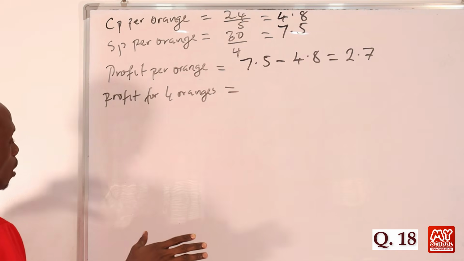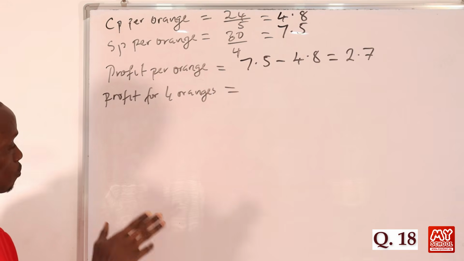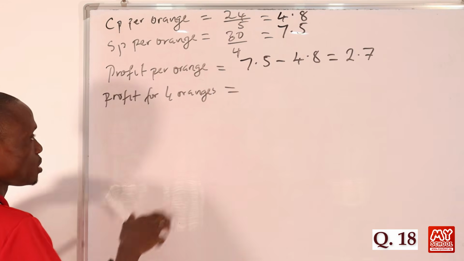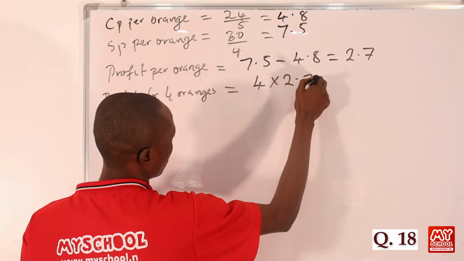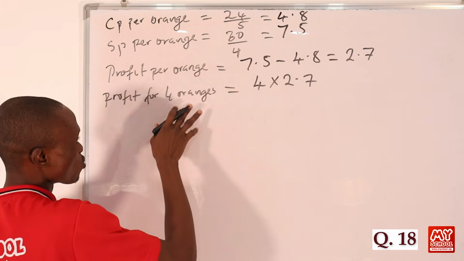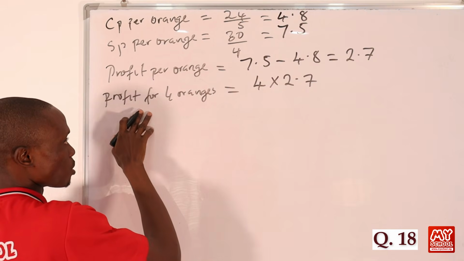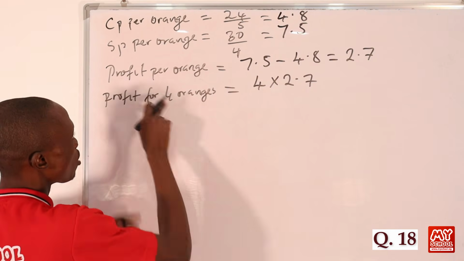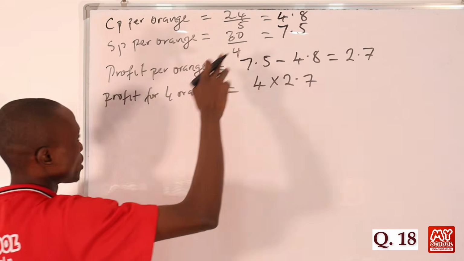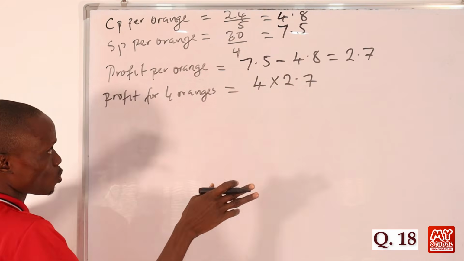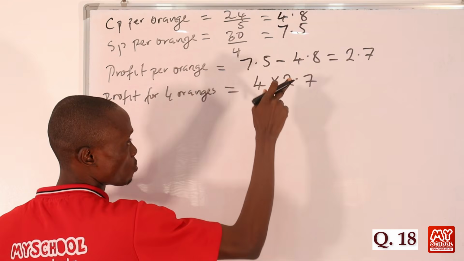So now we want to calculate for profit for 4 oranges. So profit for 4 oranges in this case will be equals to 4 times 2.7. Now remember, they only sold 4 oranges and we are looking for the profit for 4 oranges. But remember that profit per orange equals to 2.7, right? So to calculate the profit for the 4 oranges sold will be equals to 4 times 2.7.